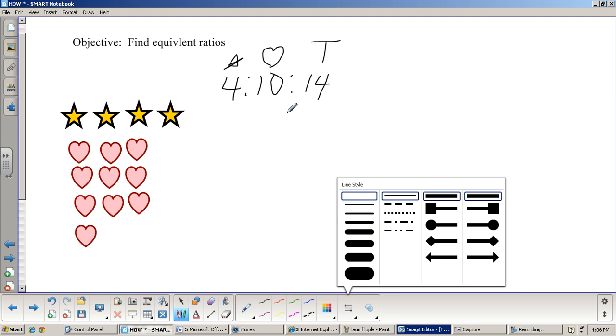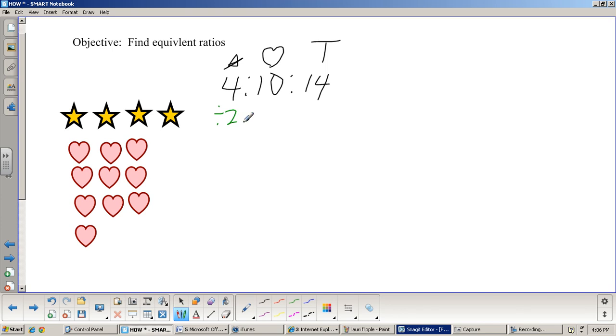It is the number 2. So I know that I can divide all of these by 2. And when I do that, I get 2 to 5 to 7. That's my simplest form ratio for the number of stars to hearts to the total.